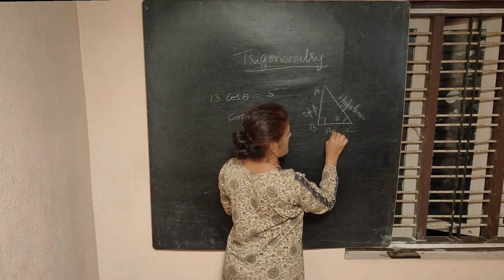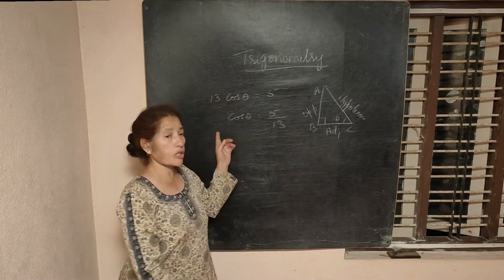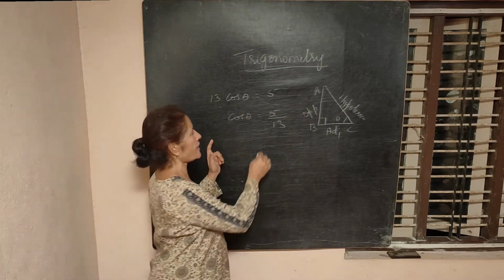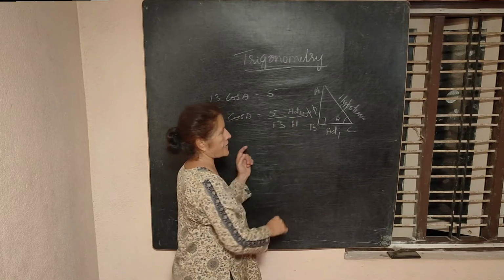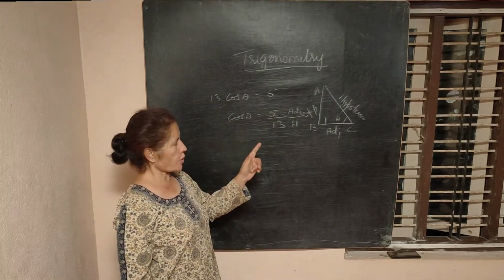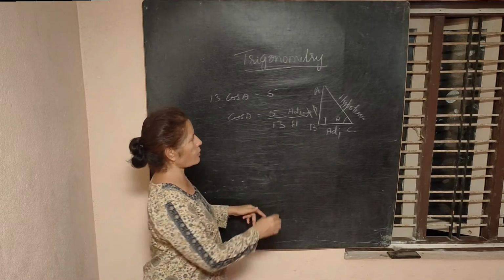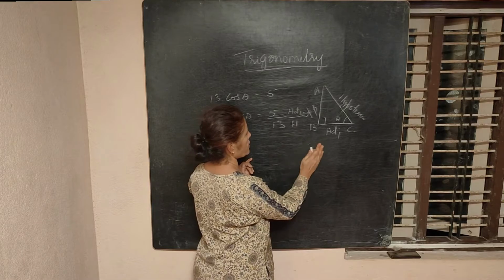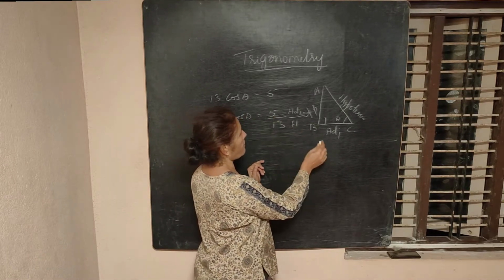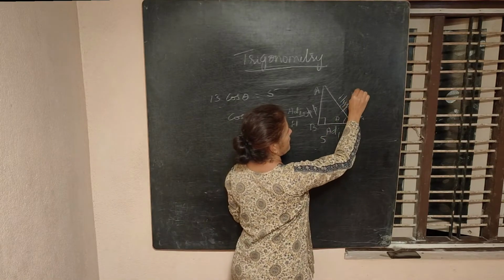This is the adjacent side. And what theta have they given? Cos theta. What is cos theta? Cos theta is adjacent by hypotenuse. So, cos theta is equal to adjacent by hypotenuse. How much? 5 by 13.